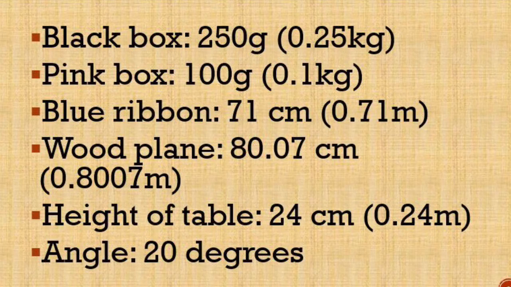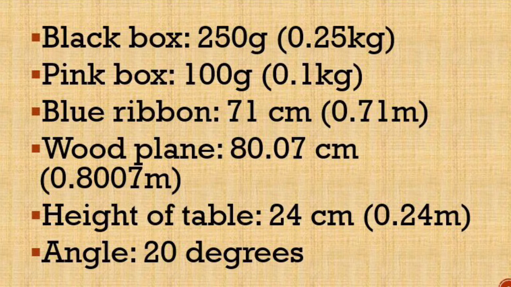Now I'm going to mention the measurements of all the materials. First, the black box has a mass of 250 grams, and the pink box has a mass of 100 grams.